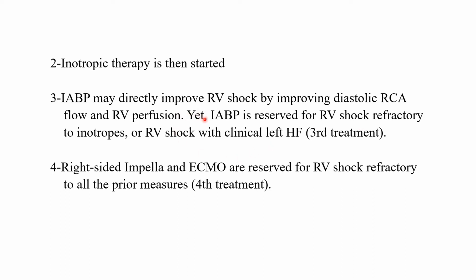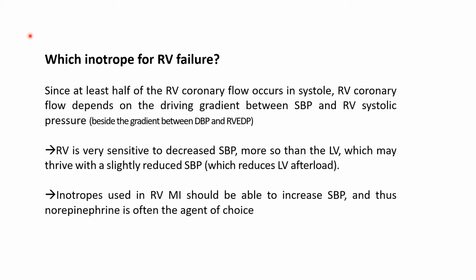That said, balloon pump is the third line of therapy and is reserved for RV shock refractory to inotropes or RV shock with a clinical left heart failure. The fourth line of treatment after exhausting the first three is right-sided Impella and ECMO. Therefore, in this patient, the answer is B, inotropic therapy.